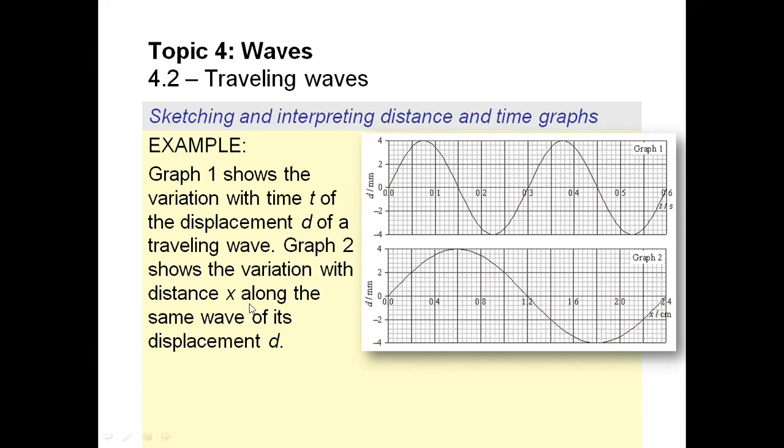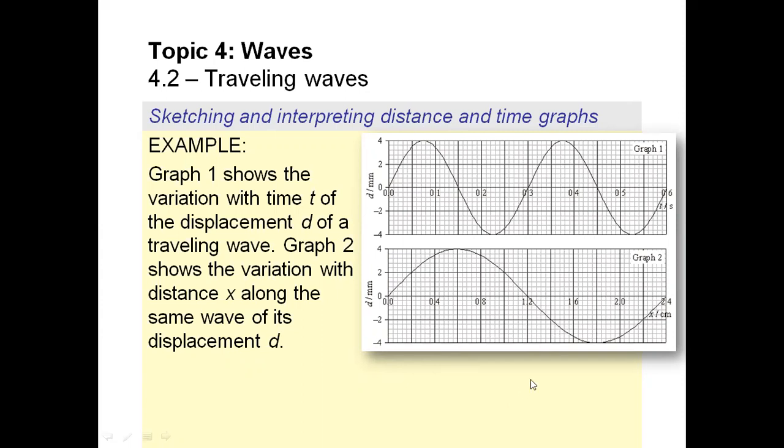Graph 2 shows the variation with distance x along the same wave of its displacement d. In graph 2, we are given displacement on the y-axis and distance on the x-axis. The y-axis shows the positions of particles and the x-axis shows how many centimeter or meter the wave travels.